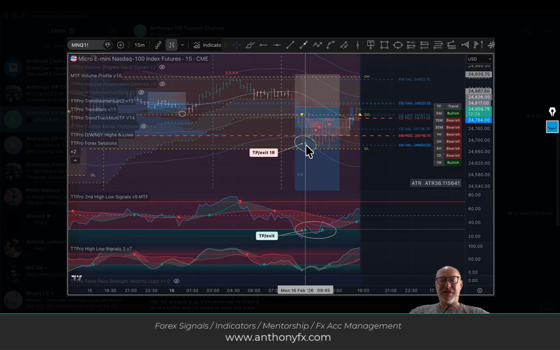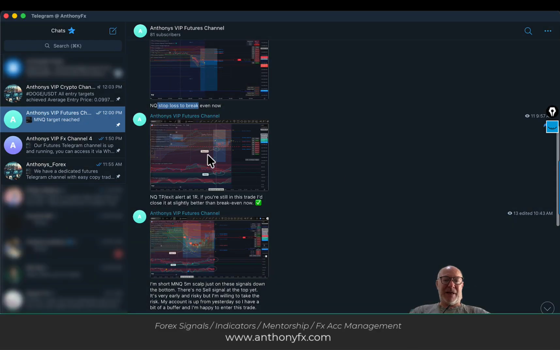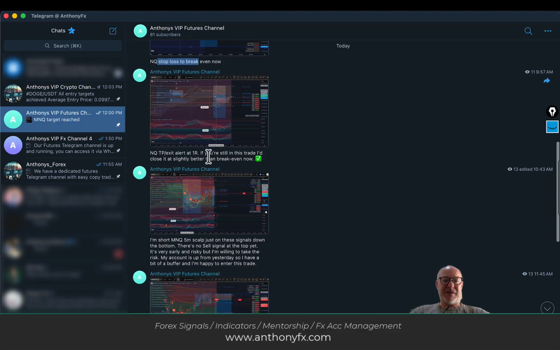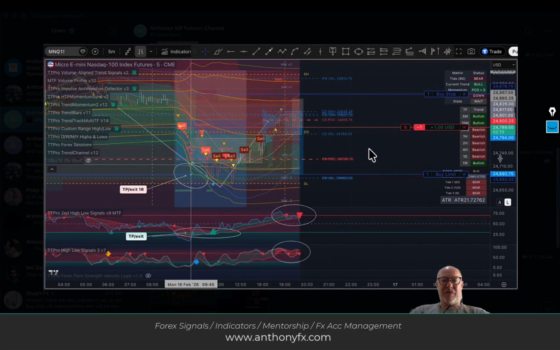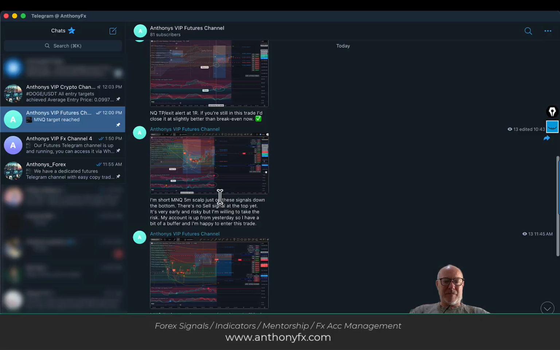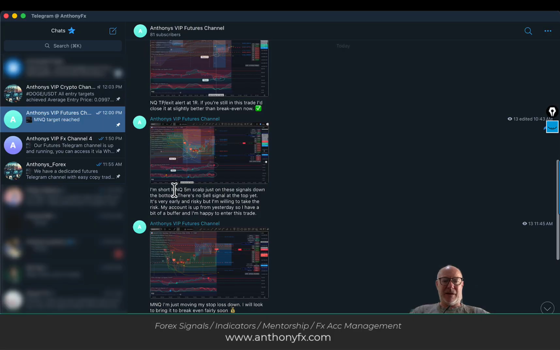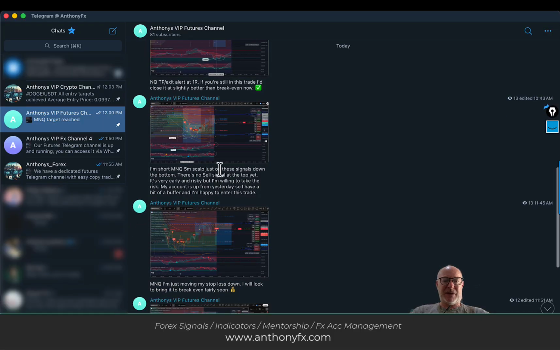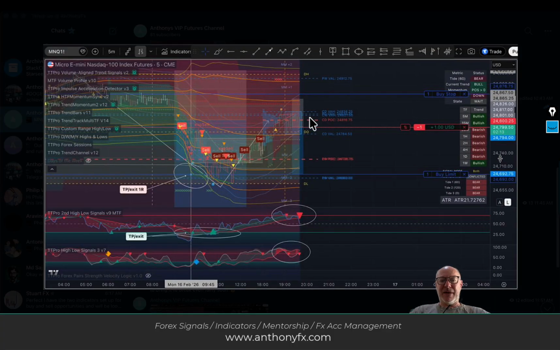So all we're doing is just following these indicators and signals. And I'm spelling it out here so you can follow this exactly. And then what was this one? Oh, yeah, I'm short NQ earlier this morning. So this was this trade that I'm going to show you now. See these signals?